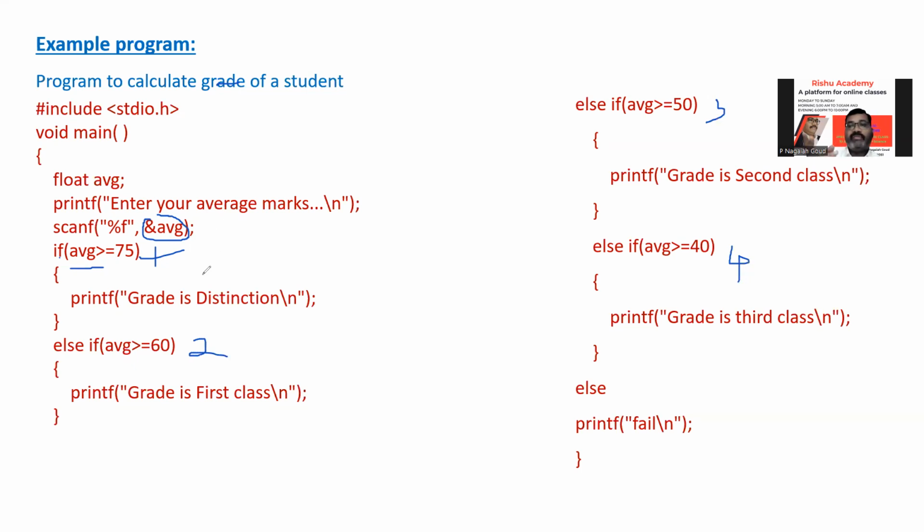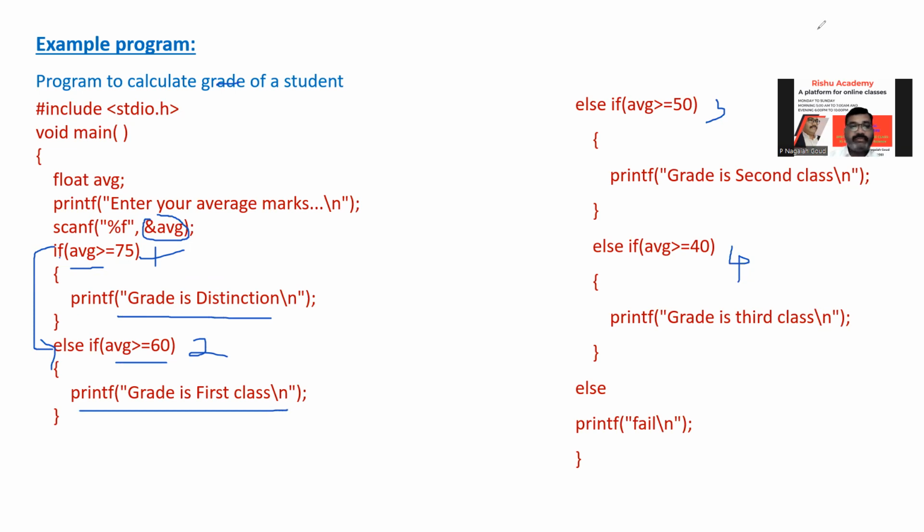There is no possibility of multiple conditions being true, right? Assume that condition 1 is true, then the student grade is distinction. Or go to condition 2. Assume that condition 2 is true, then the student grade will be first class.